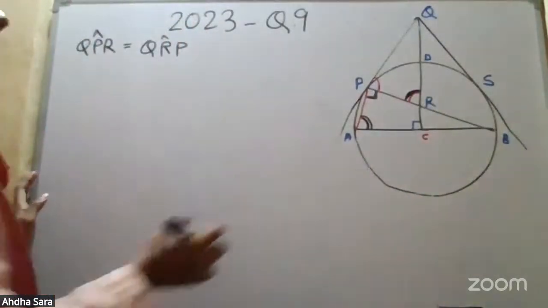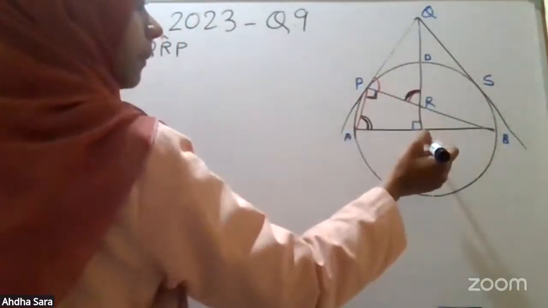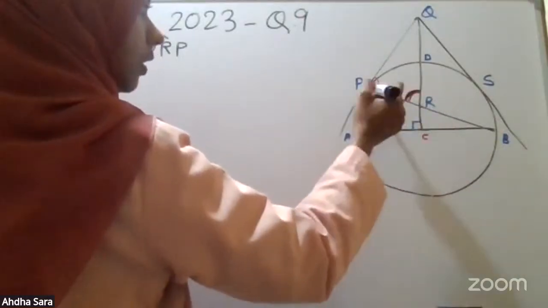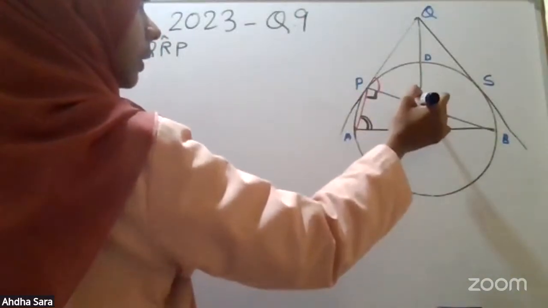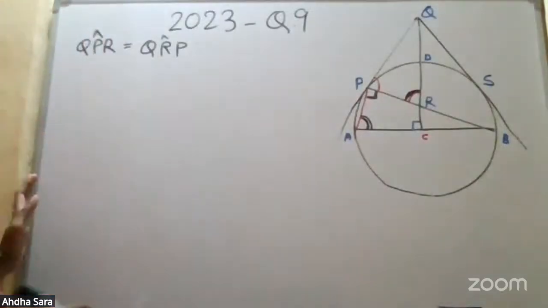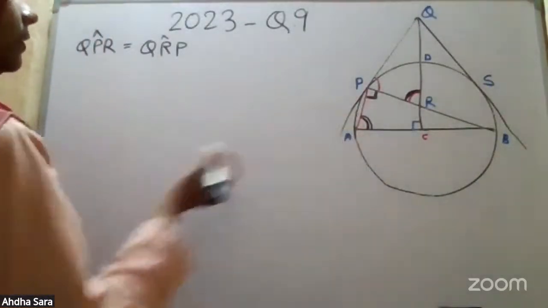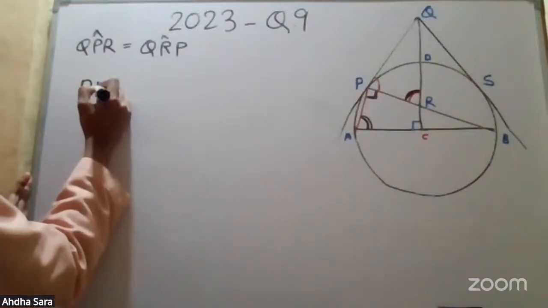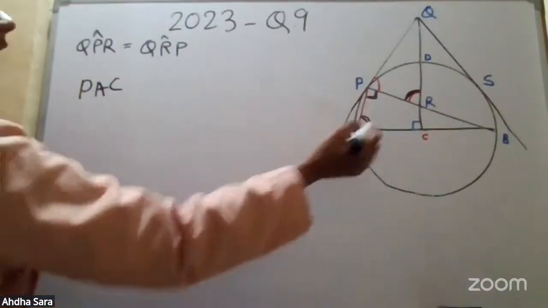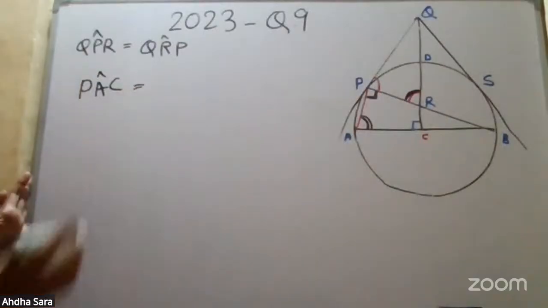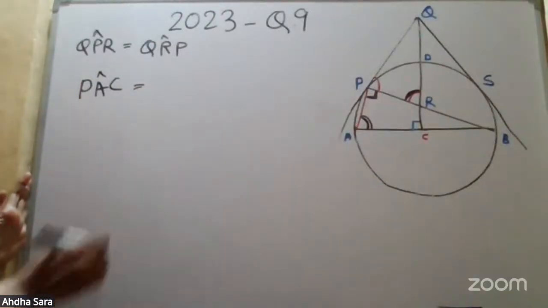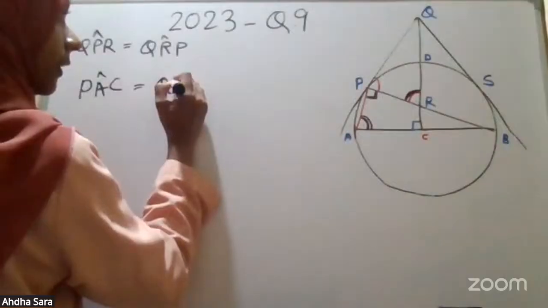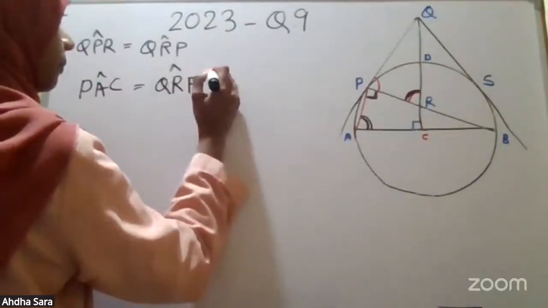We know the exterior angle that is produced by the side of a cyclic quadrilateral will be equal to the opposite interior angle. So you can write the angle PAC is equal to the angle QRP.